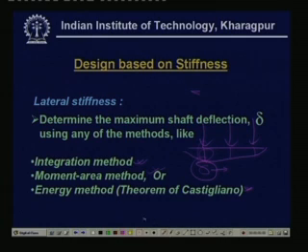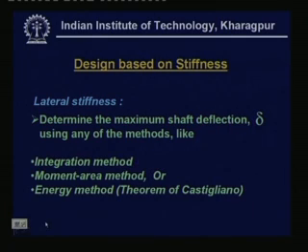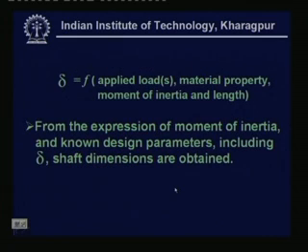Now, in this case, we consider the design in summary like this. Delta is a function of applied load or loads, material property, moment of inertia and length of the machine element. From this expression of moment of inertia and known design parameters, including the deflection delta, shaft dimensions can be obtained.